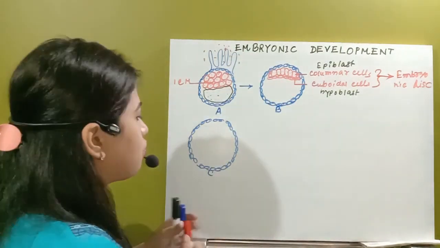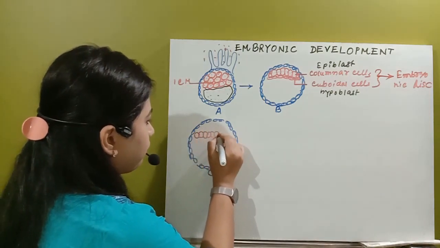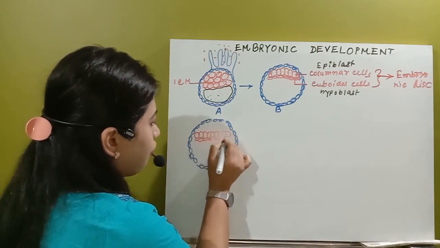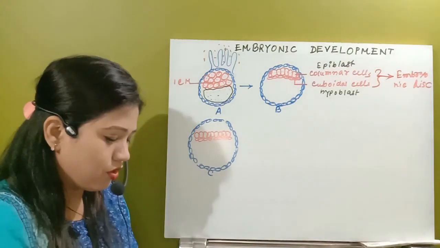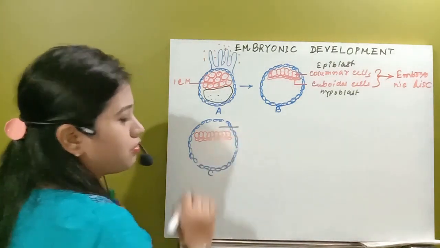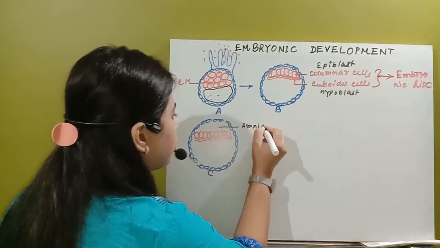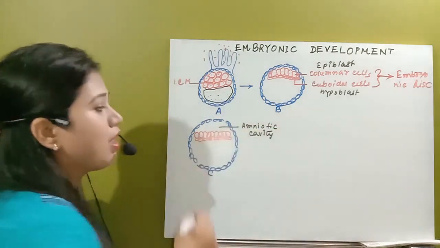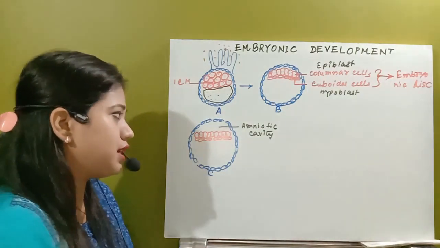Whenever those cells go downward, you can see here that we get a cavity. So you can see that a cavity has been formed here, and this cavity is known as the amniotic cavity.